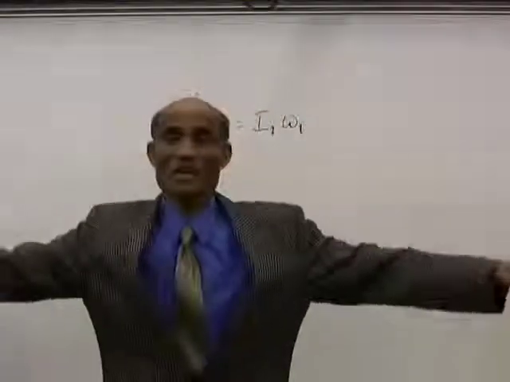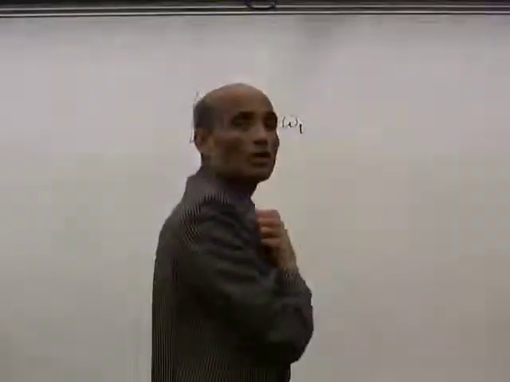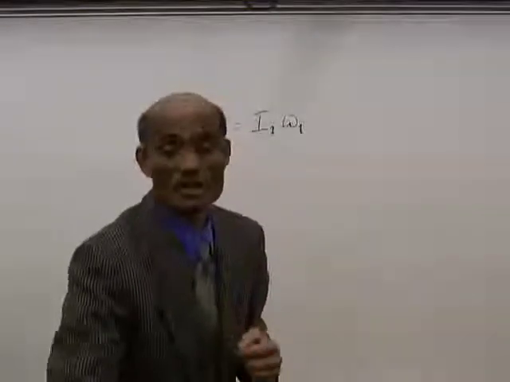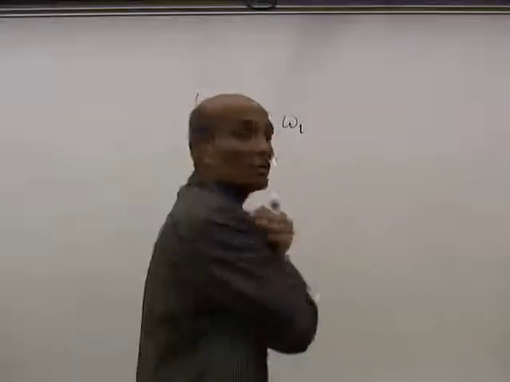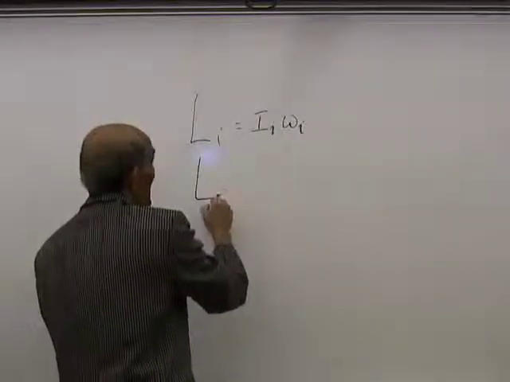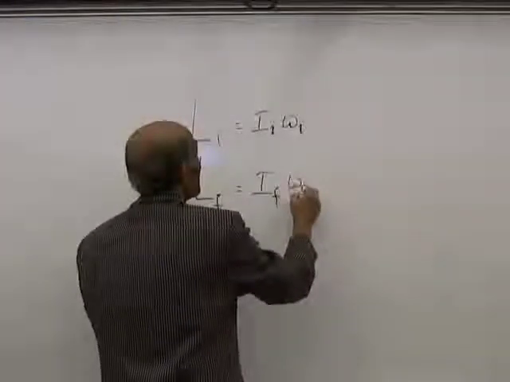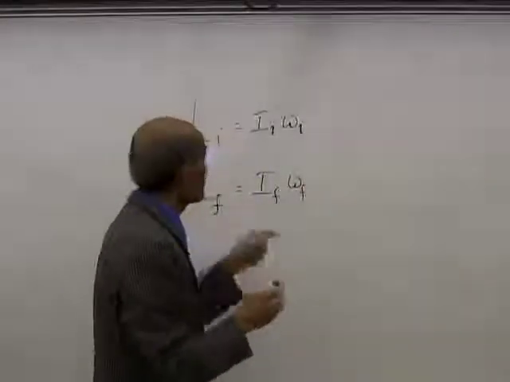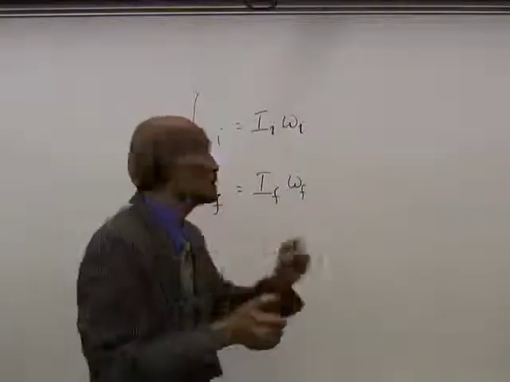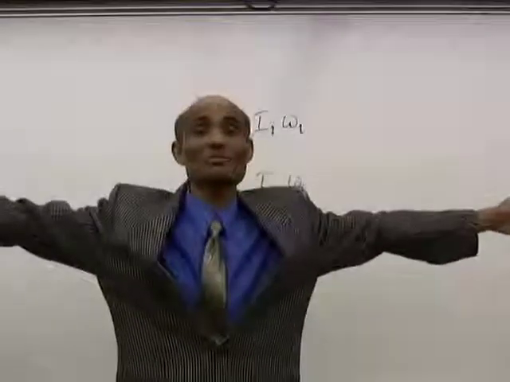Now, as I keep doing this, what happens if I bring my arms close to my body? I'm reducing my moment of inertia. So, when my arms are closer, my angular momentum at that time, LF, will be IF omega F. Now, the moment of inertia when my arms are close to my body will be smaller than the moment of inertia when my arms were outstretched.